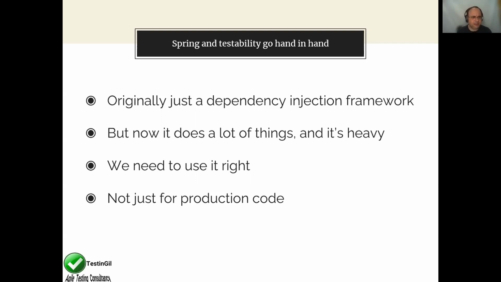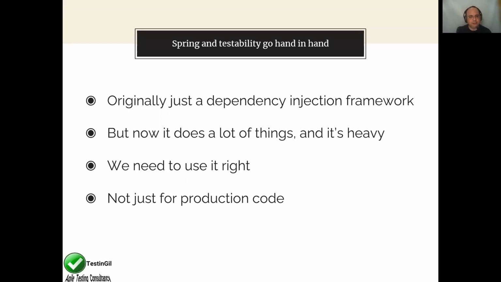But like I said, Spring got, let's call it, bloated. So it brings a lot to the table, and when we're talking about testing, we need to actually think about what we're trying to do and what we're trying to achieve, not just use these features as is, because otherwise bad things will happen.